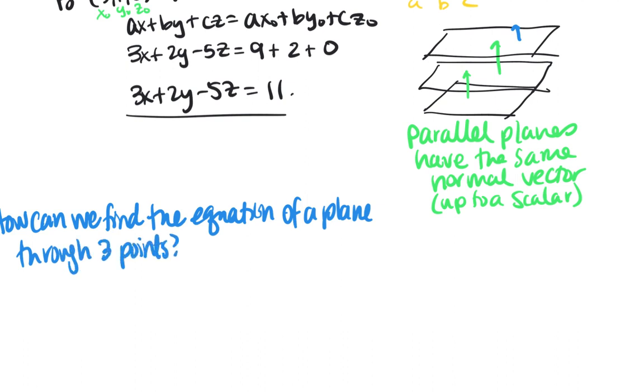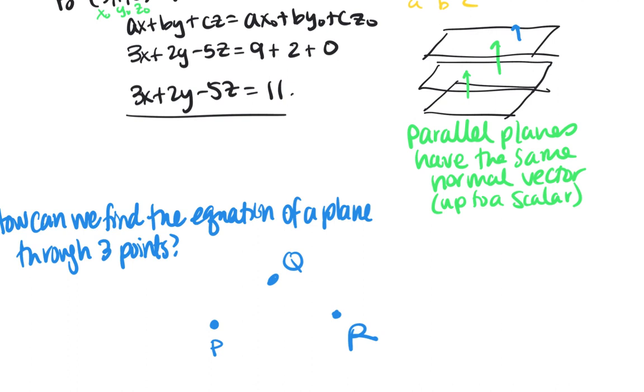What we found before is that to write the equation of a plane, we need a point and a normal vector. Well, if we have 3 points, we definitely have a point. So how could we get a normal vector out of those 3 points? Well, you're usually given points P, Q, R. So one thing you can do is use those points to just make 2 vectors.